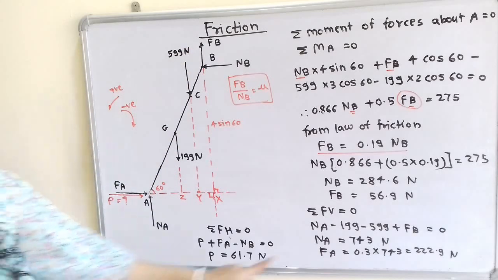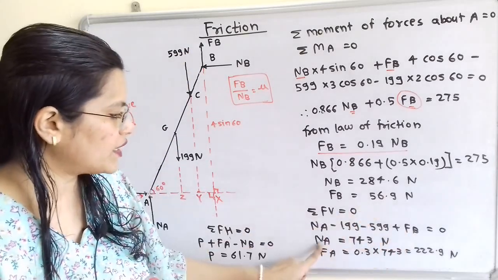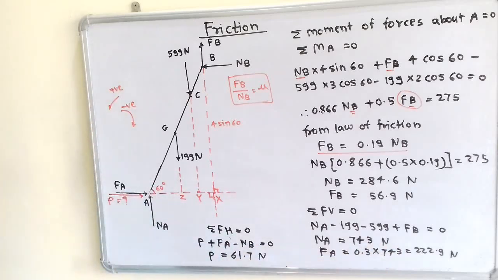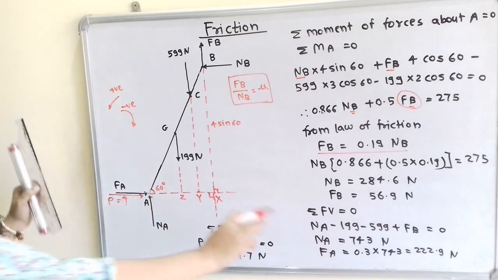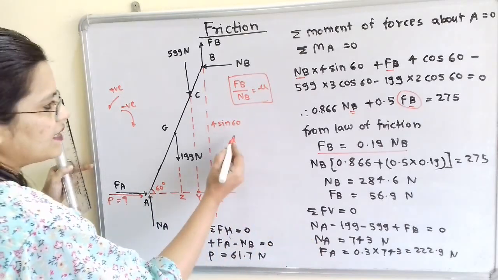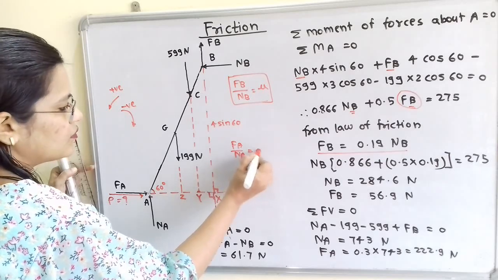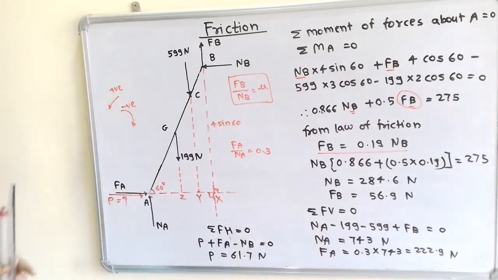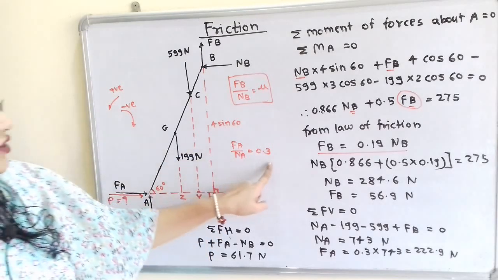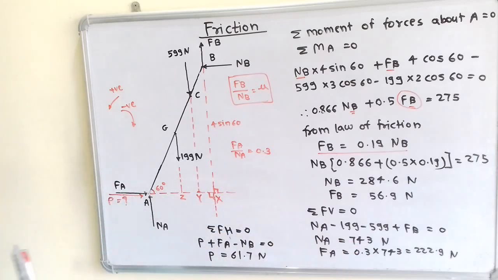So NA is equal to, because the FB term is known, 743 Newton, and from this NA we can calculate FA, because the relation between FA and NA, that is FA by NA, is equal to 0.3. So FA is equal to 0.3 into 743, that is 222.9 Newton.